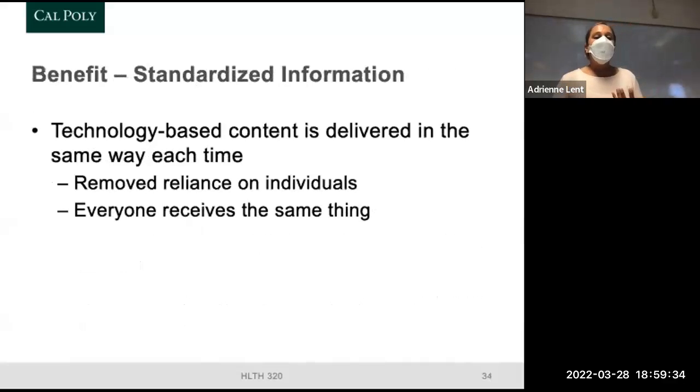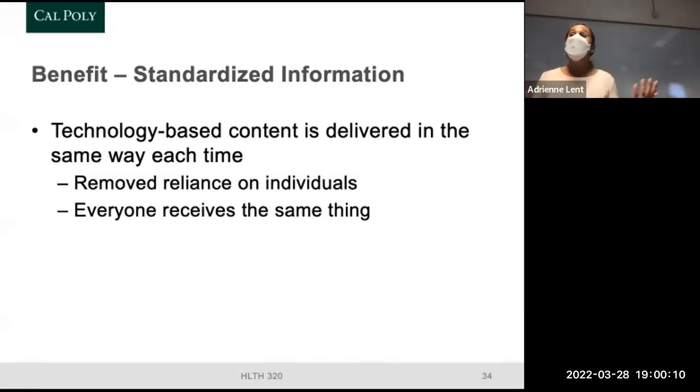Another benefit is the standardization of the information that you're delivering to people, right? So in traditional settings, you might have to rely on individual people delivering health information, right? And sometimes those people can deliver that in different ways. You might have some people that are more seasoned, that are better at their job and better at delivering that health information versus someone who might be newer, who maybe doesn't have that expertise or isn't providing the same level of health information.